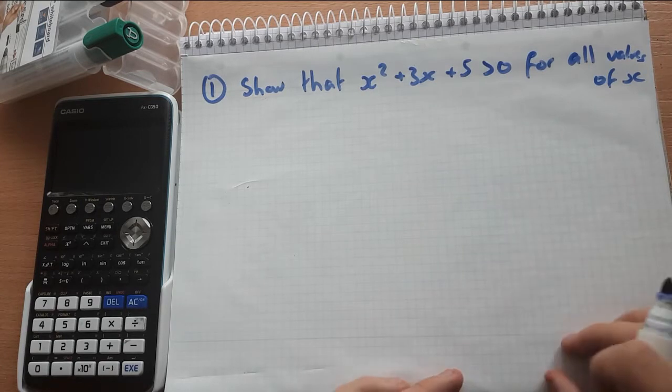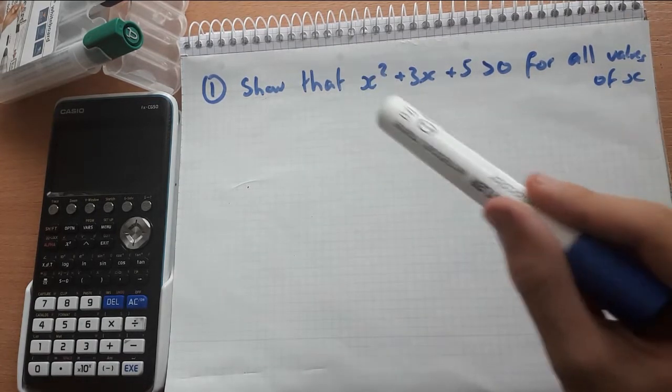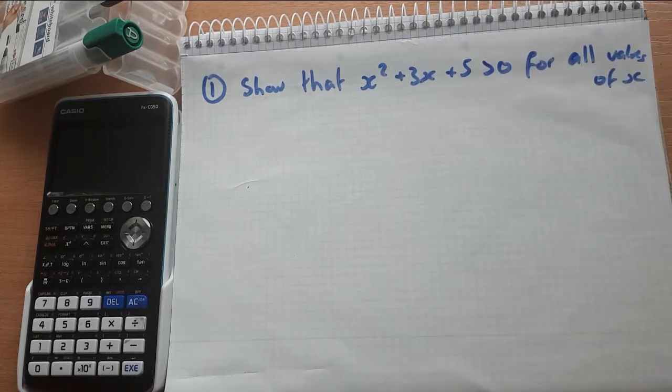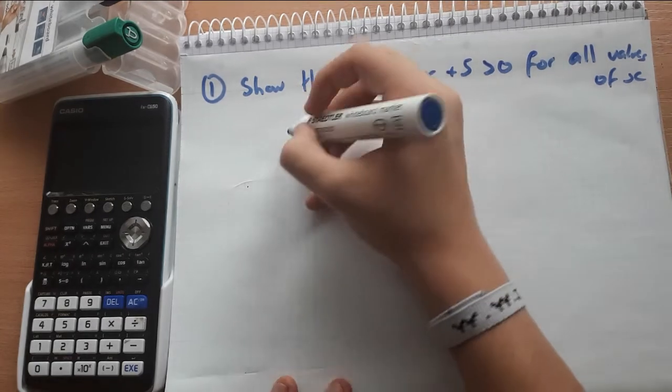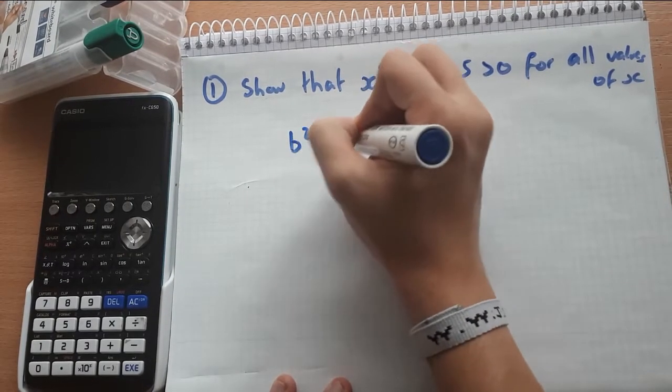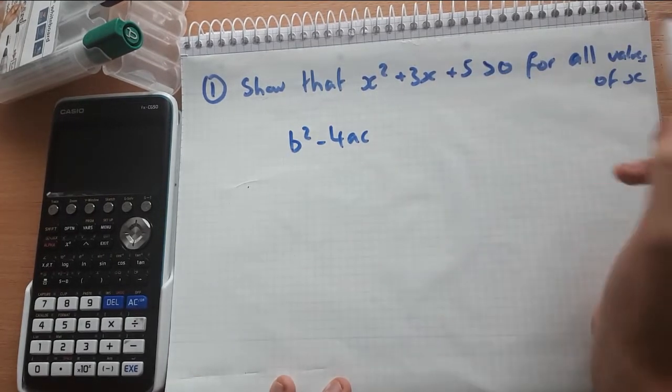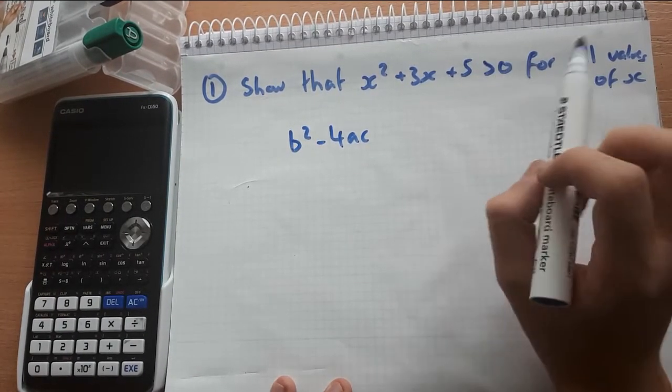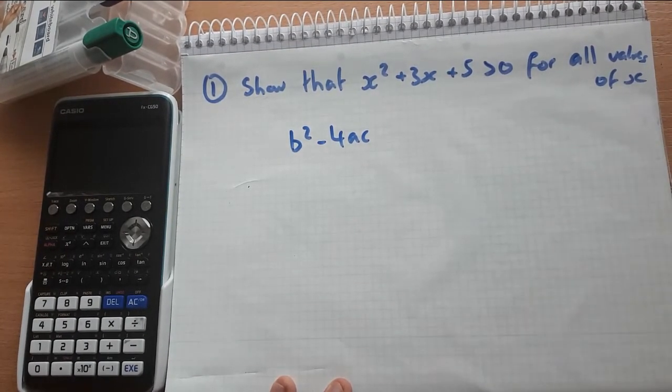Okay, so we want to see that this curve is above the x-axis for all the values. We use the discriminant to work this out. So b squared minus 4ac, we want to work out what the discriminant is.